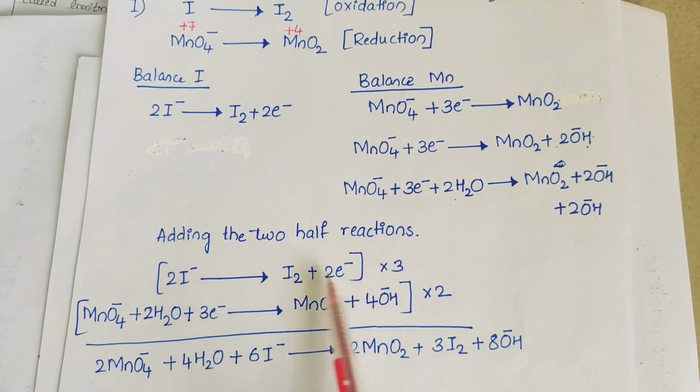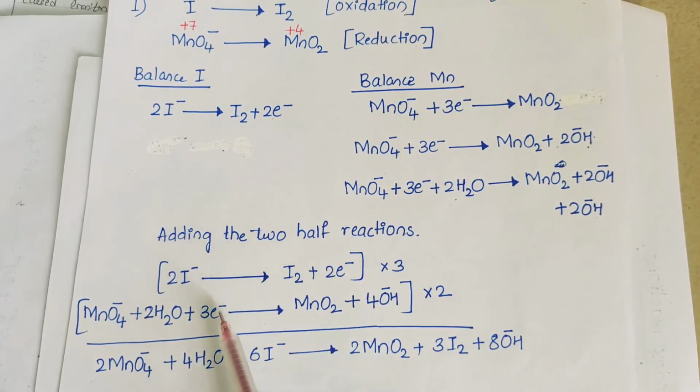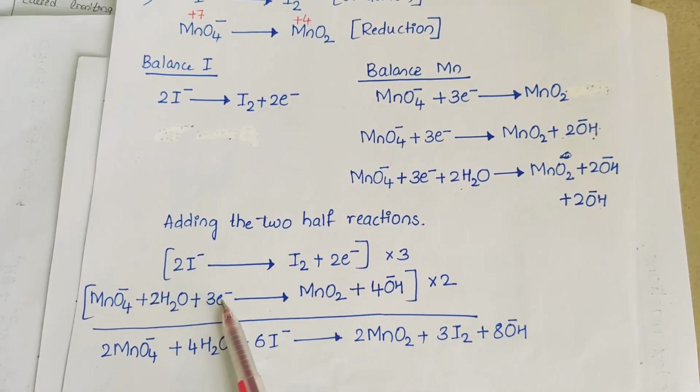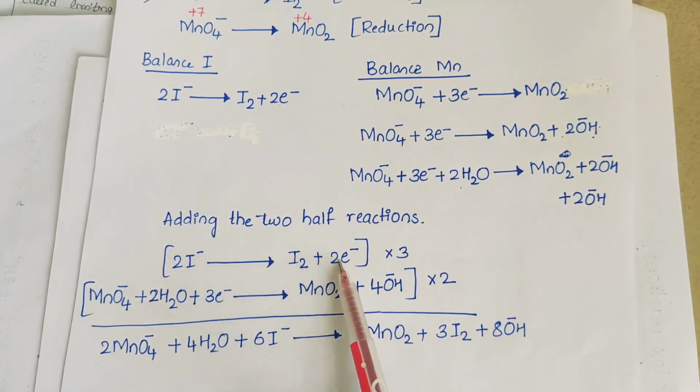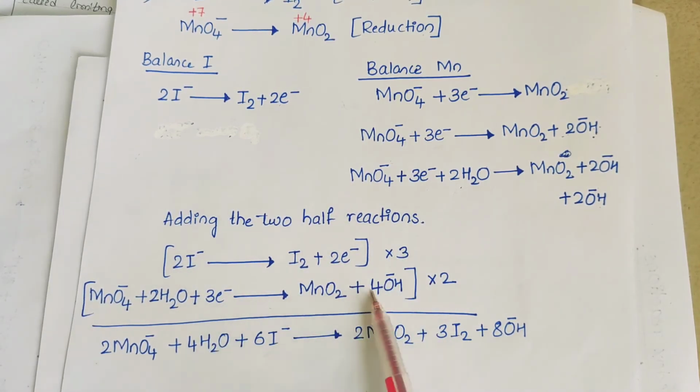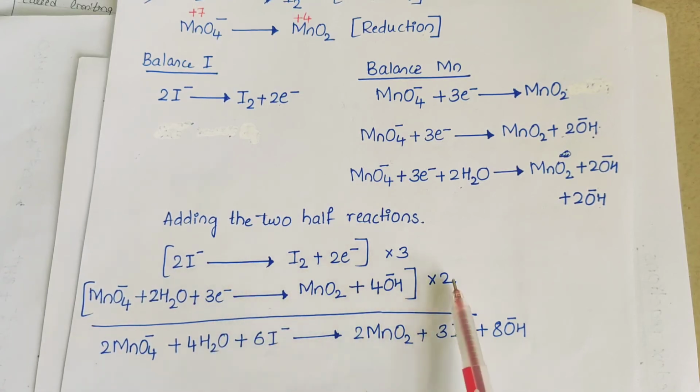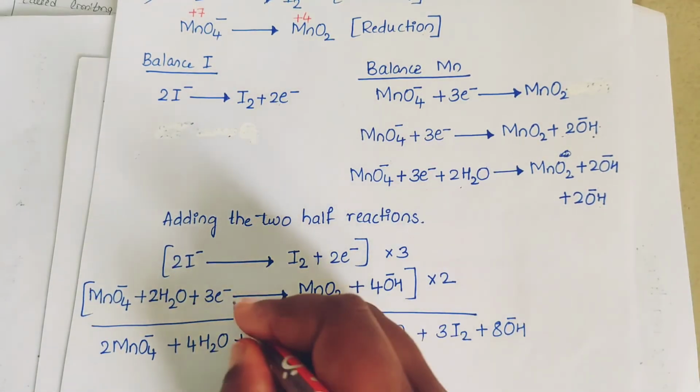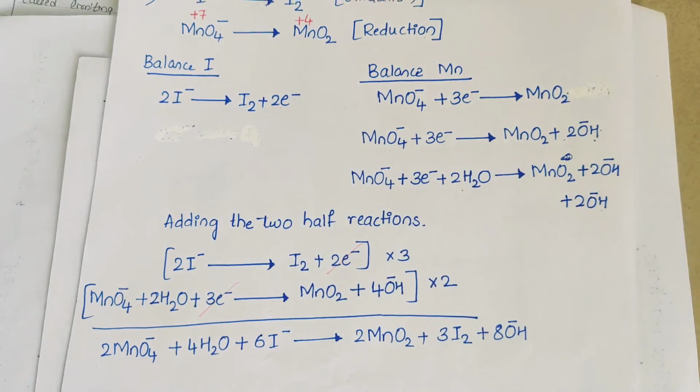Now, how many electrons are here? There are 2 electrons. How many electrons do you have here? There are 3 electrons. So here 3 electrons, here 2 electrons. So balance these electrons. Multiply this equation by 3 so that it will be 6 electrons. Multiply this equation by 2 so that again it will be 6 electrons. So this 6 electrons and this 6 electrons will get cancelled.